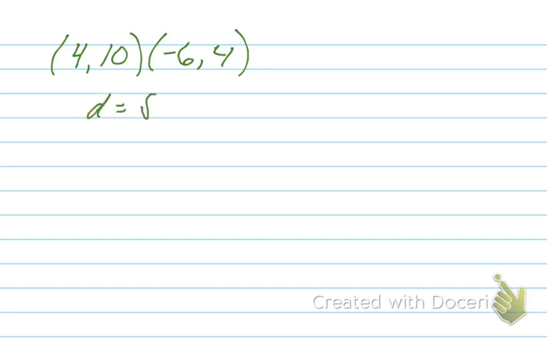D equals the square root of x2 minus x1 squared plus y2 minus y1 squared. My stylus was messed up, so that's super sloppy, so I'll clean that up a little bit. It's kind of catchy, so that makes it a little easier to memorize.